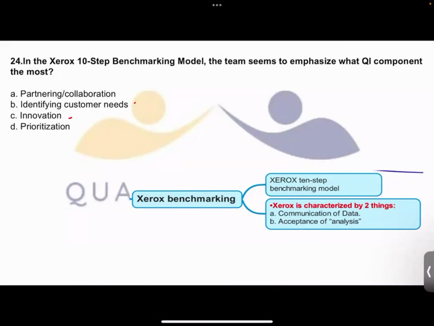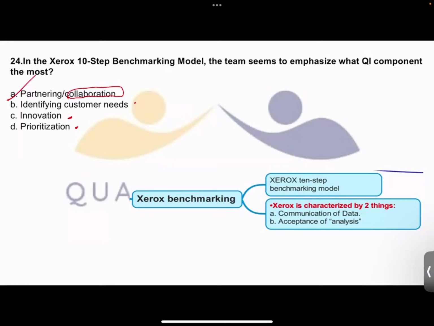Why not letter C? This model focuses on learning from others, which is not necessarily on creating new innovations. For letter D, prioritization is part of the quality improvement also, but not emphasized as much as the collaboration.